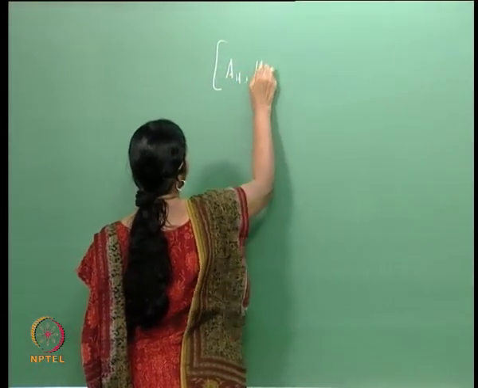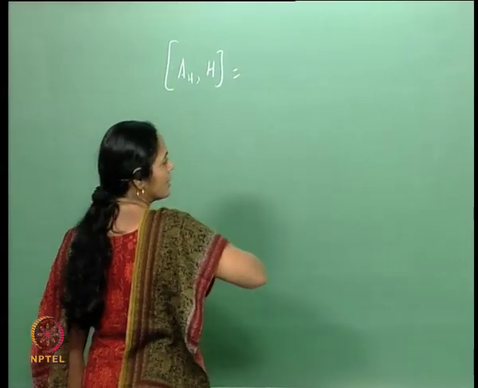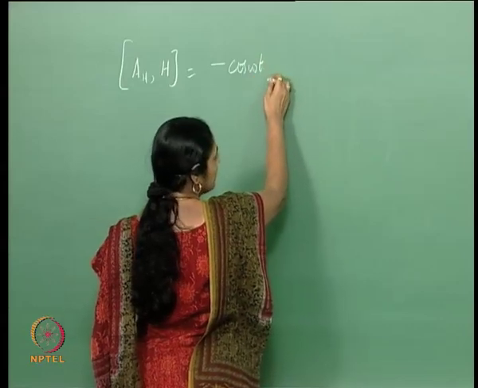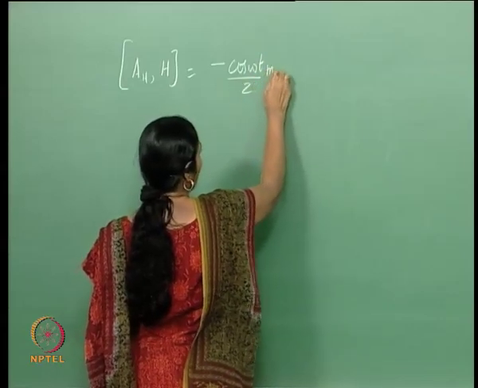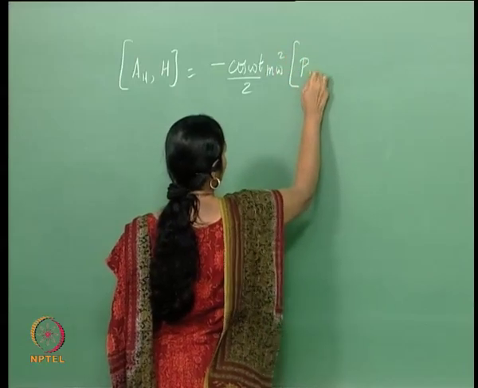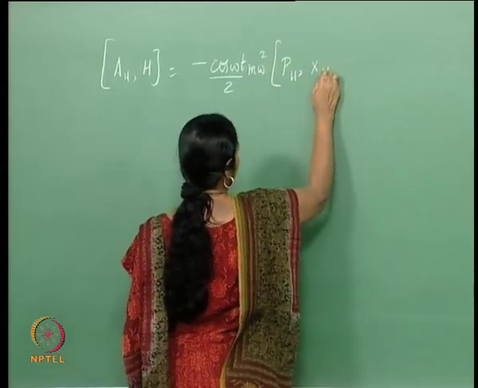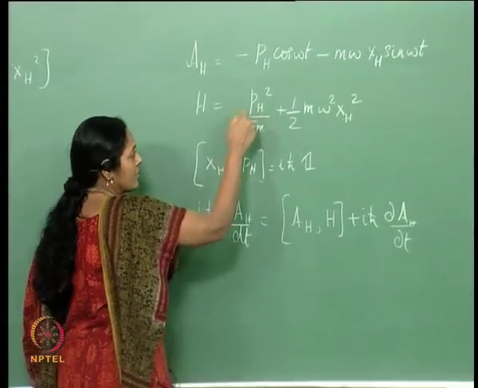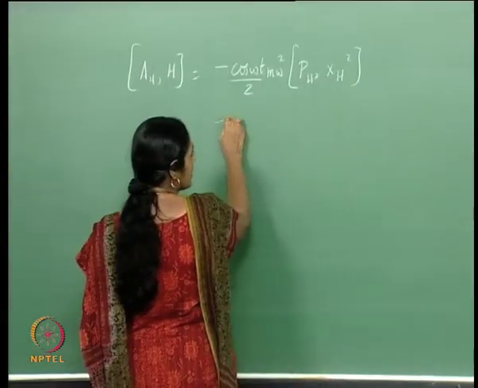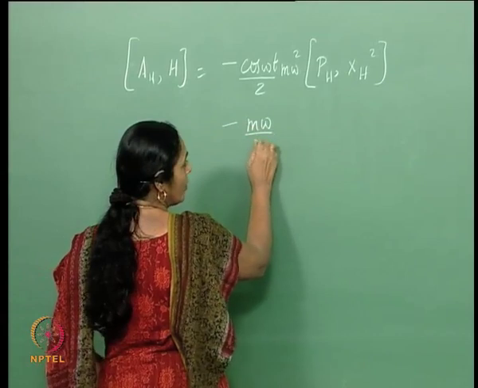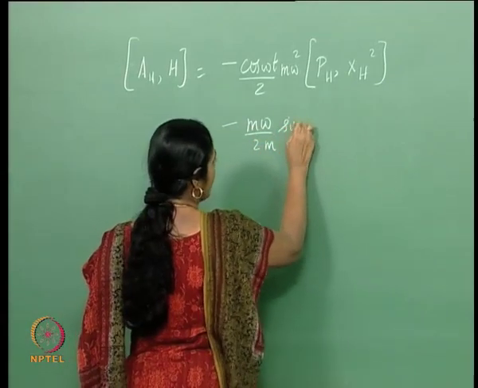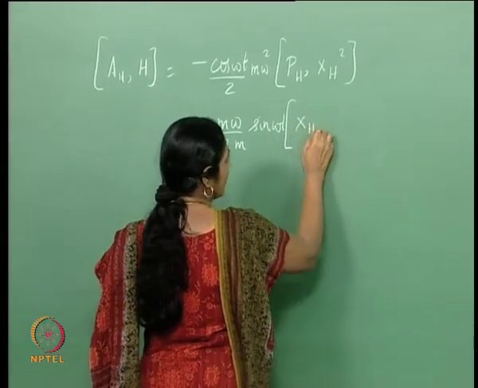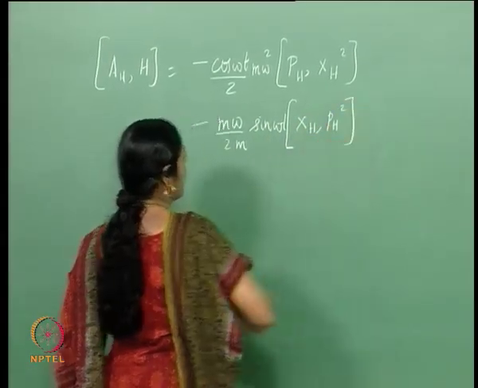So what is the commutator of A with H? It is minus cos omega t by 2m omega squared commutator of P with x squared, because this anyway commutes with itself. There is another term minus m omega by 2m sin omega t commutator of x with p squared.